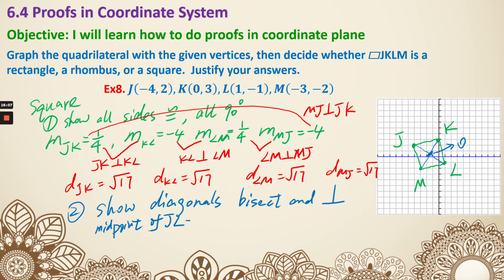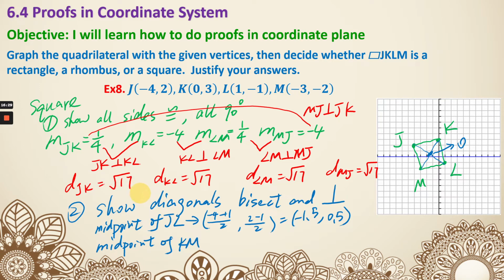And that is going to be -4 plus 1 over 2, 2 minus 1 over 2, which is -1.5 and 0.5. Next, I can show midpoint of KM, which is 0 minus 3 over 2, then 3 minus 2 over 2.